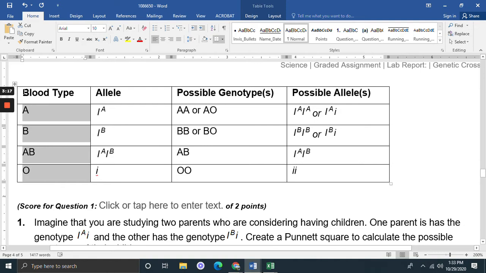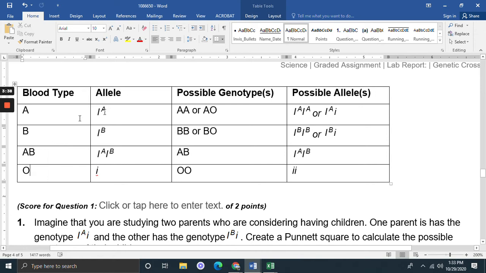So if we were to replace blood type here and instead say hair color, then the hair color types would be brown hair, blonde hair, brunette, black hair, right? So there are the different types of hair color, and that's exactly what these letters are representing. It's the type of blood that you have.